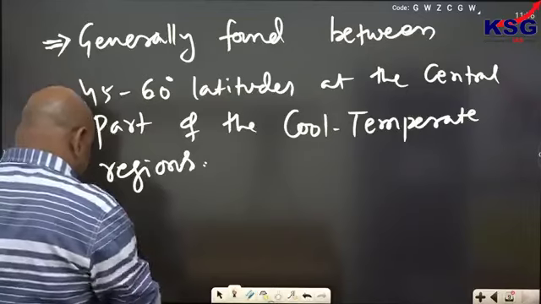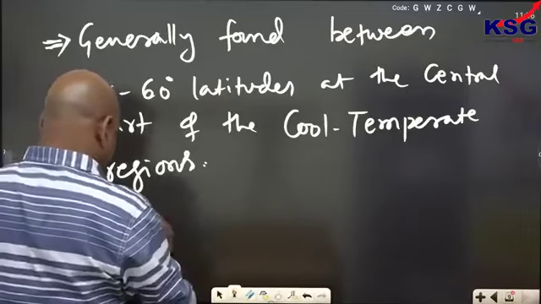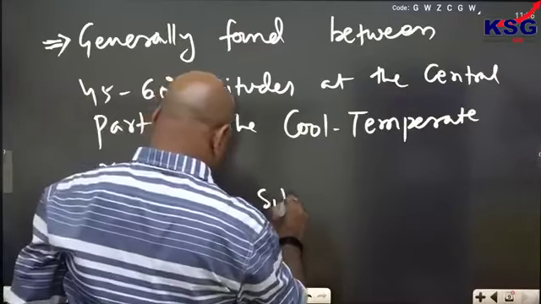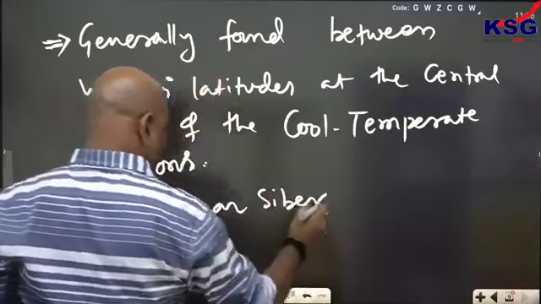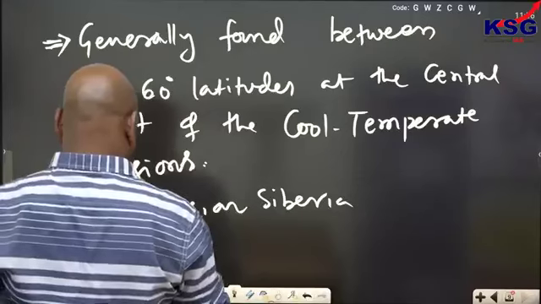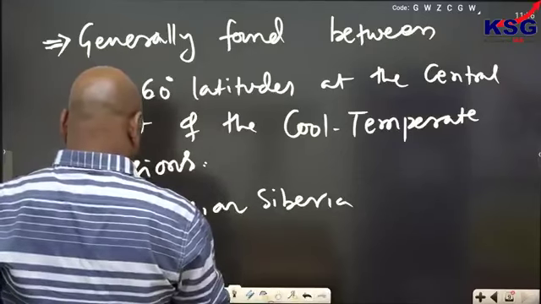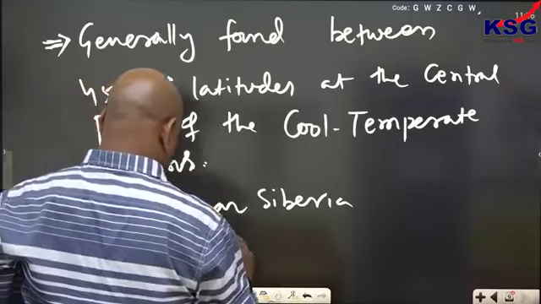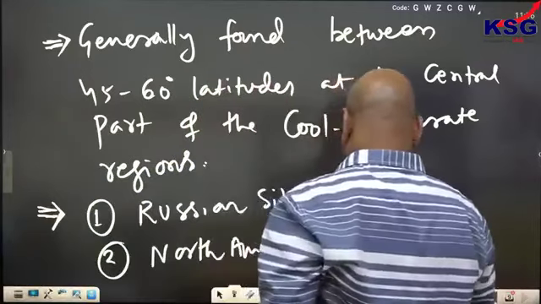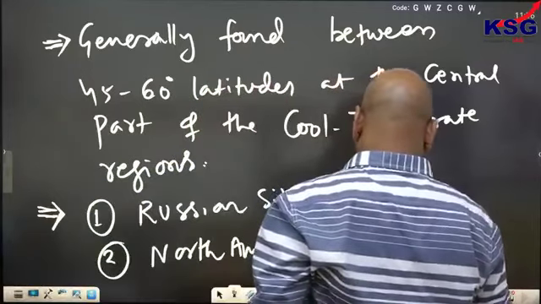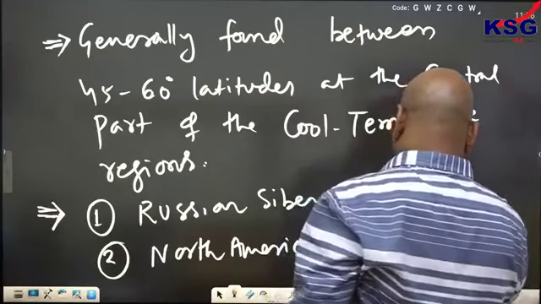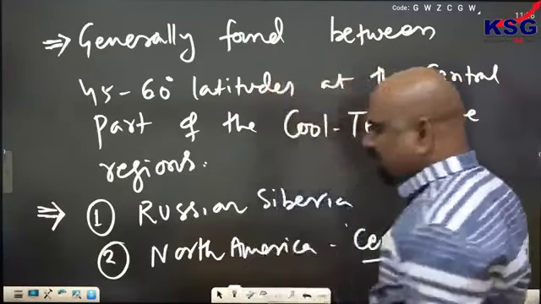First, where it is: I told you that is Russian Siberia, and the second one is North America. It is in central Canada. In Canada, mostly it is the central part of Canada, in North America, where you have this.